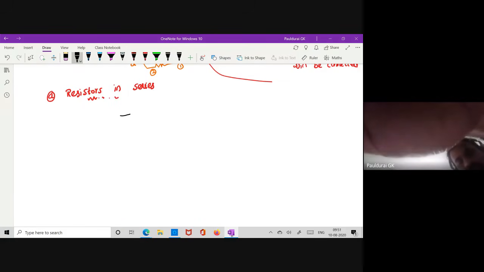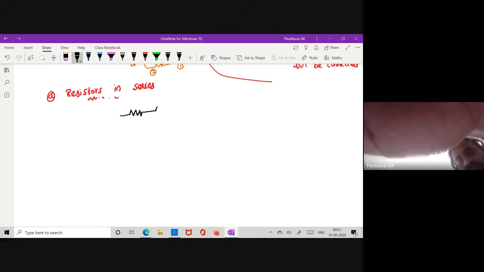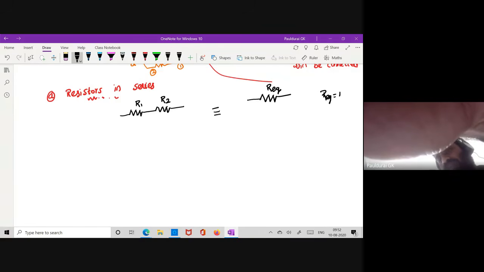This is my series; take R1 and this is R2. What is my equivalent resistance? This you already know. R equivalent is equal to R1 plus R2, but we want to derive this.